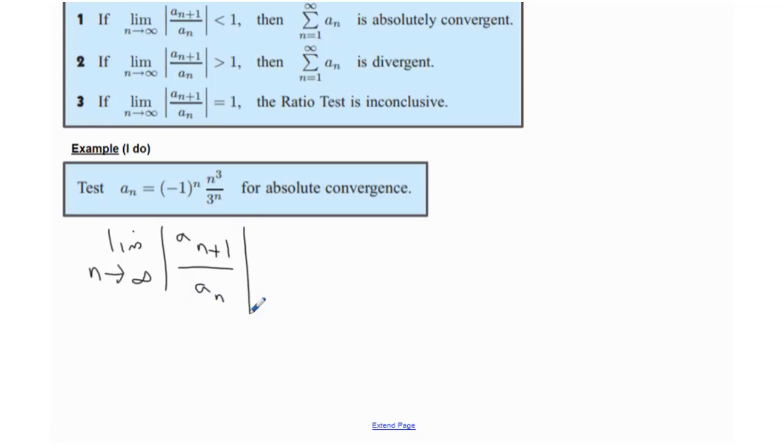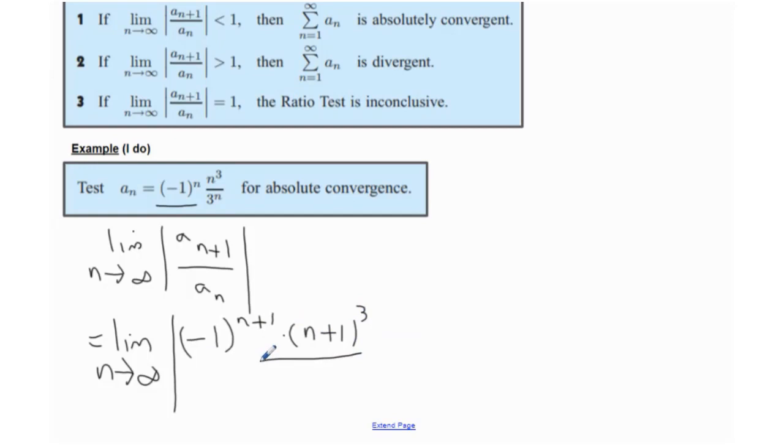So that is going to be the limit as n approaches infinity of the absolute value of, well, a_(n+1) is going to be (-1)^(n+1) times (n+1) cubed over 3^(n+1).